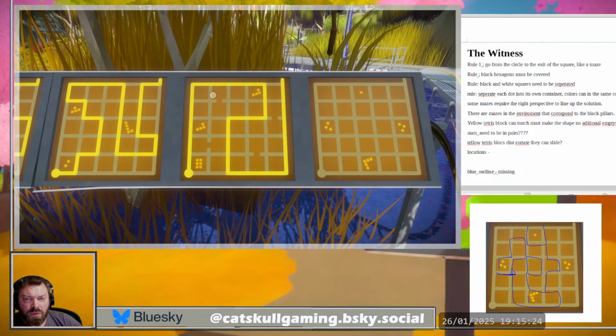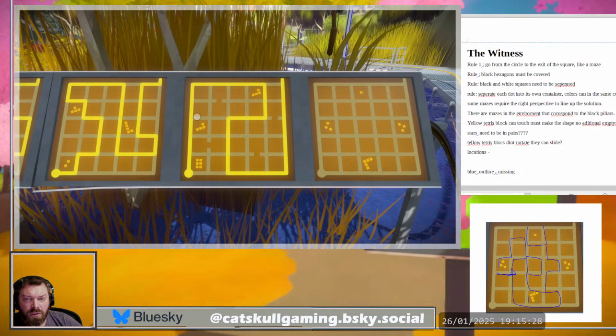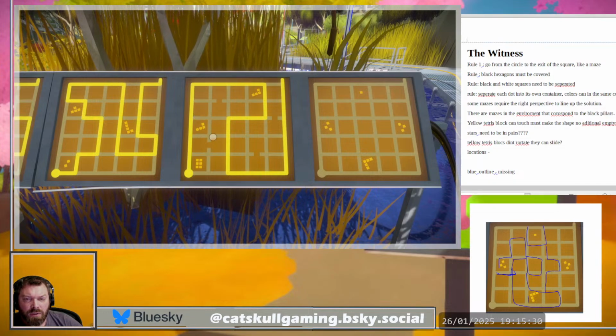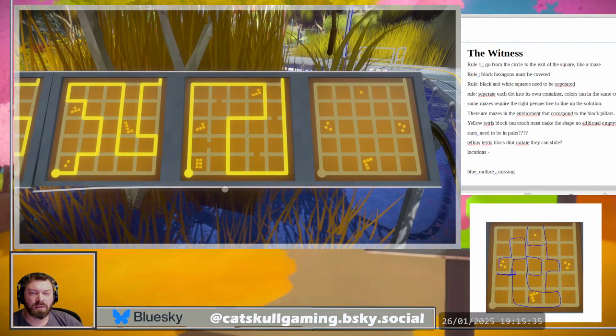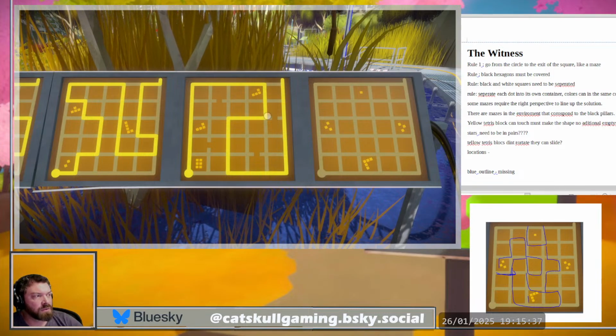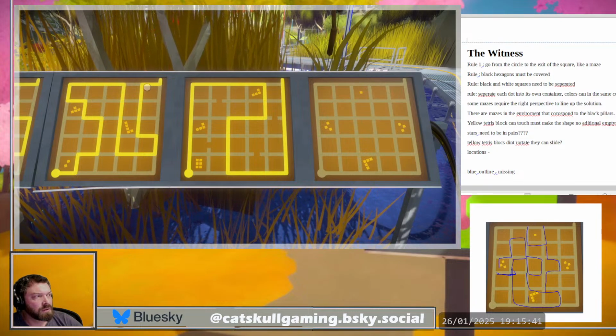This one moves here, and this one moves here. So they all need to be contained in the same set of squares.